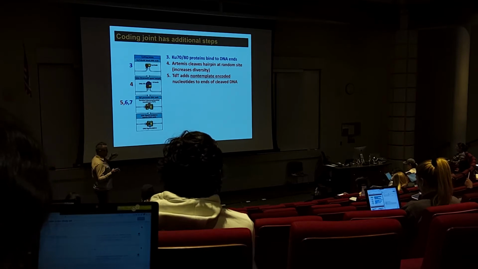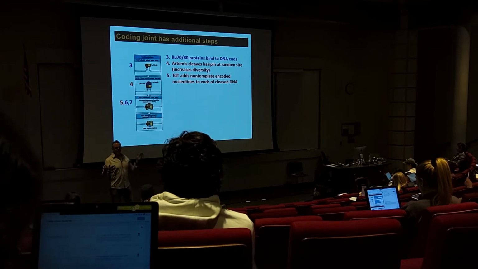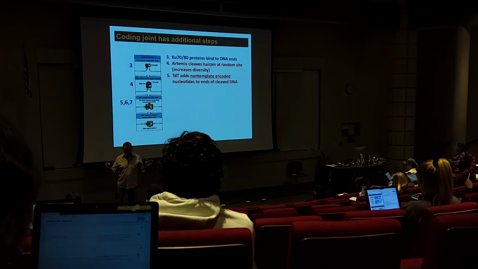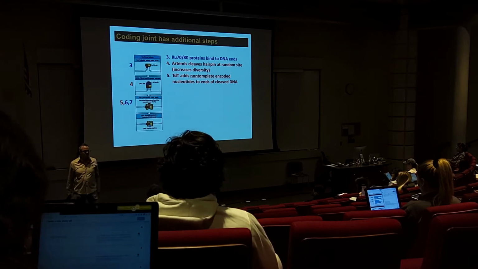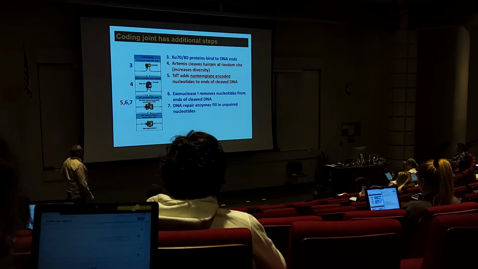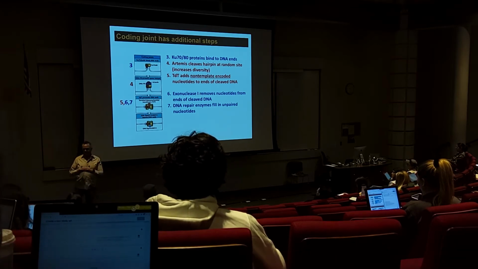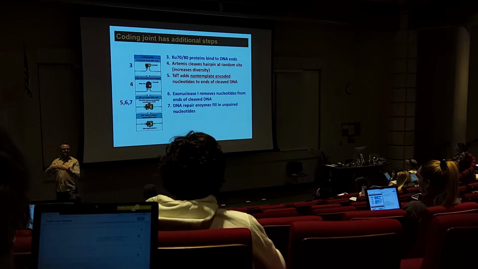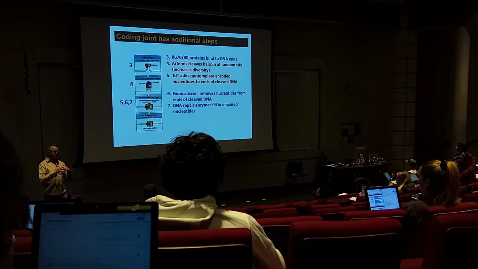So if you were to draw a joint between a variable region and a joining region, a V to J, you would have P nucleotides on each side and N nucleotides in the middle. Now what's happening is you add a bunch of these, and then the exonucleases come in at the ends and start trimming them off. And we'll go through a little bit how that looks.